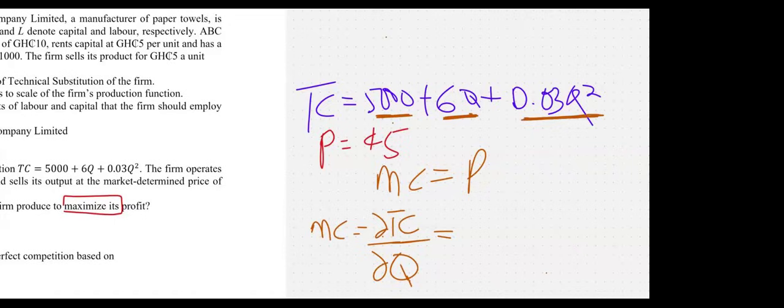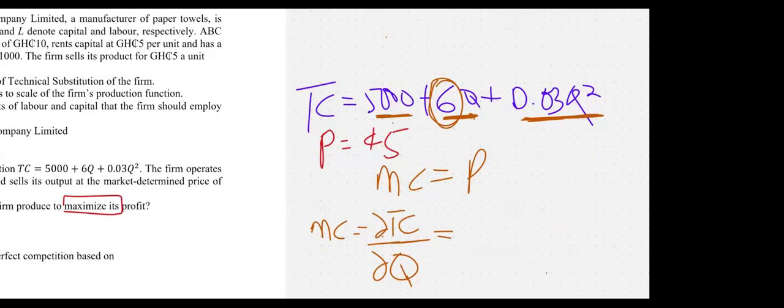Yes. So if I want to differentiate the 6Q, I ask myself, what is the exponent of the Q? It is 1, and when it is 1, it is not written. So every variable you see which doesn't have an exponent written, it means the exponent is 1.